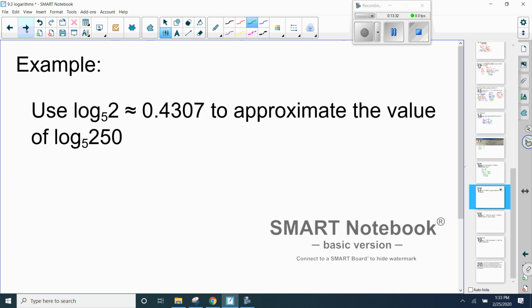How would I use that? How would I write it if that's correct? Log base 5 of 2, and what do you do with 125? Plus.